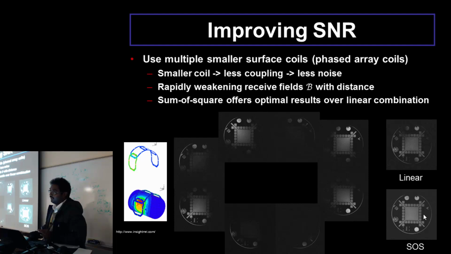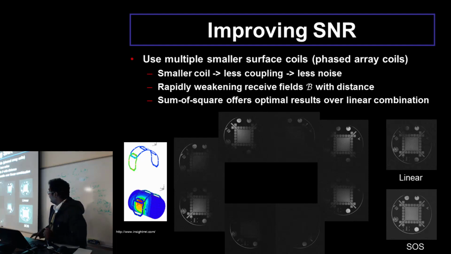It's just the magnitude that you're combining. So you mean that the noise that we have is always positive? In the real and imaginary channels, it's always positive and negative, you can say. But when you create the magnitude image, we'll come to that.